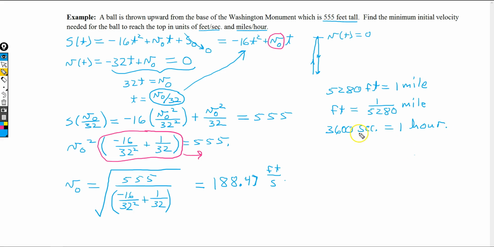Remember, there are 60 seconds in a minute, 60 minutes in an hour. 60 times 60 is 3,600. So 1 second equals 1 over 3,600th of an hour. And so we just have to replace the ft with 1 over 5,280, the s with 1 over 3,600, and then simplify.